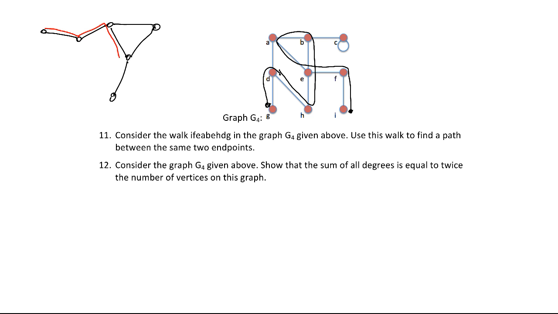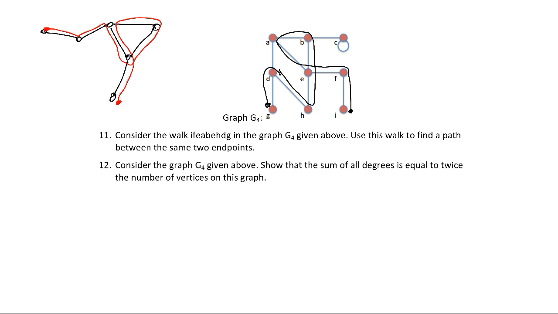So for example, if I do this, that is neither a path nor a trail because it repeats not only nodes but also links.